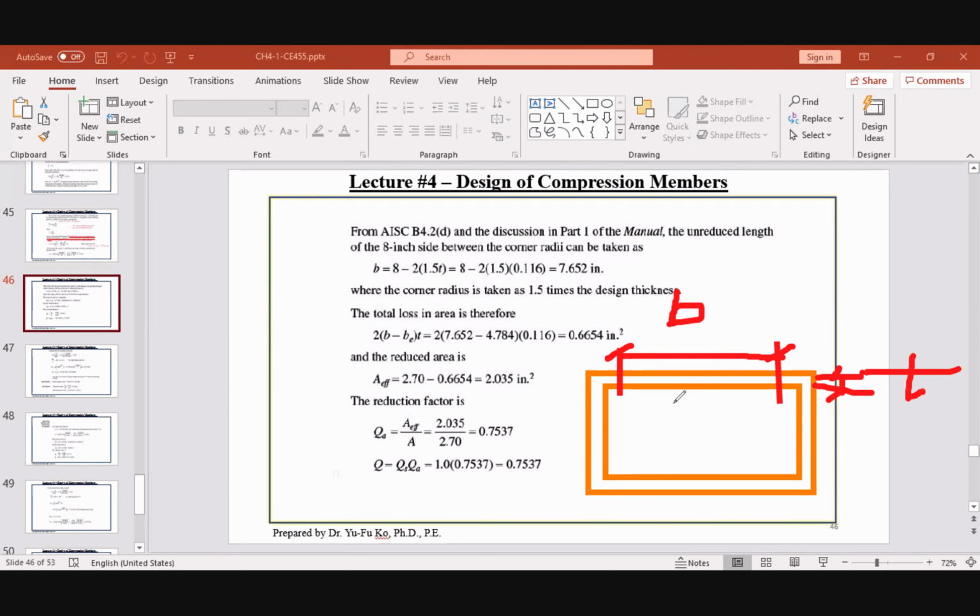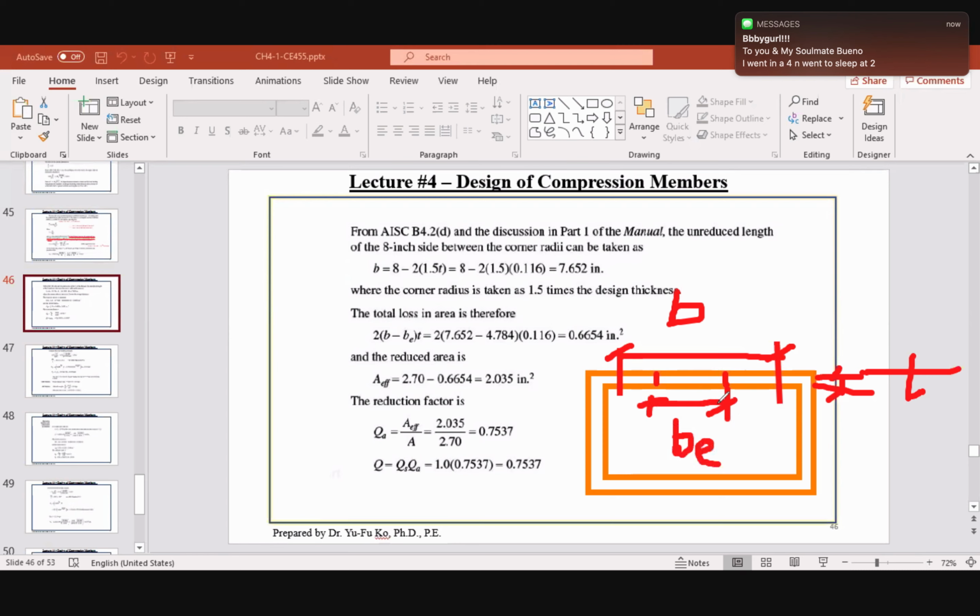But now, due to local buckling, you can only account for, for example, this, which I call b sub e. Only this is effective. Do you got it, Lin?